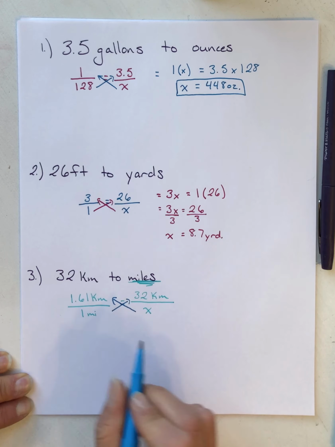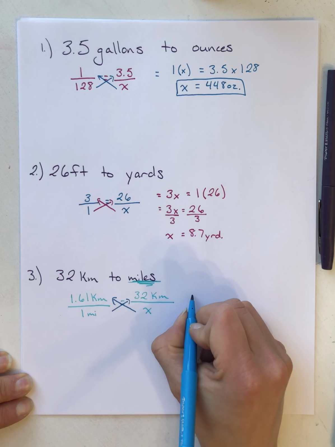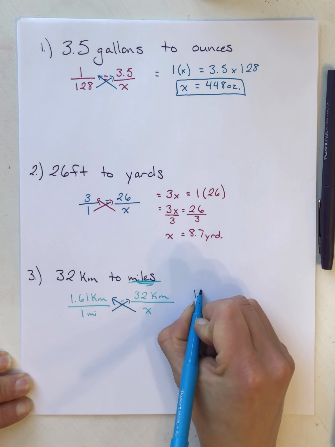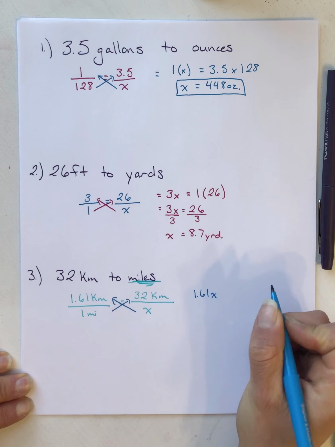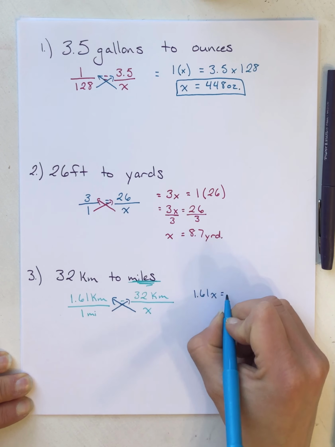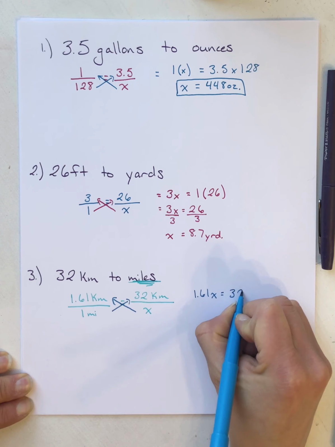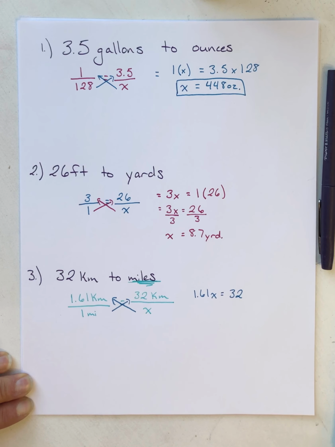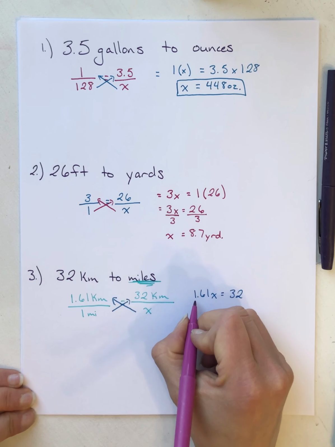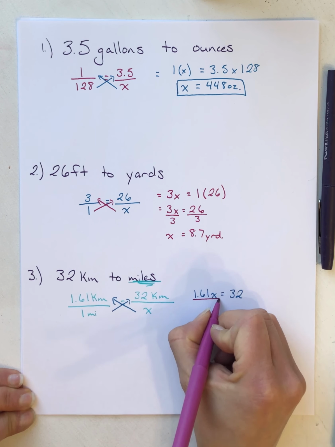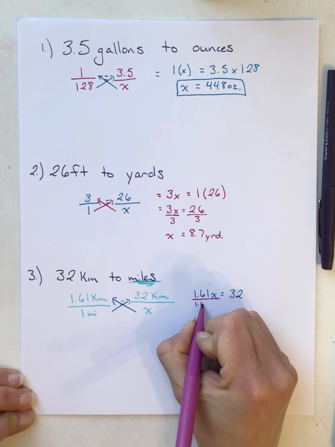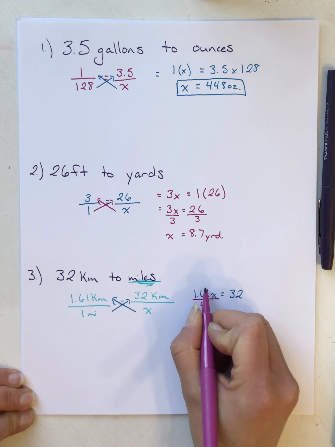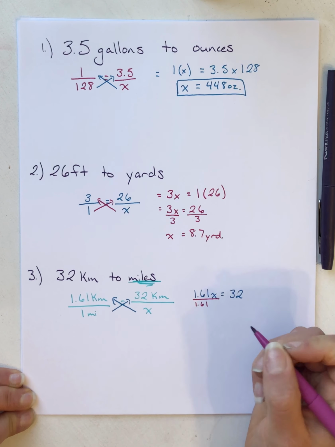So I'm going to do x times 1.61, which is going to give me 1.61x is equal to 32. And then I need to get my x alone. So I am going to divide by 1.61 because right now it's being multiplied, so I have to do the opposite.